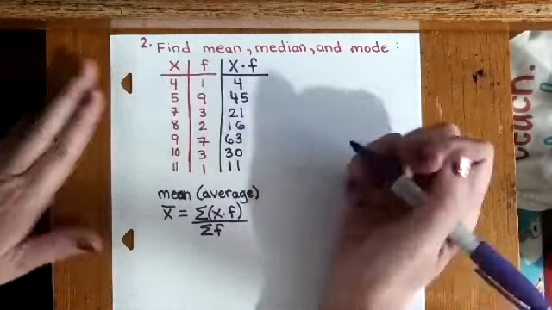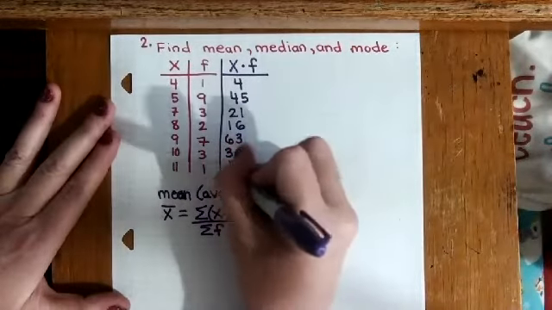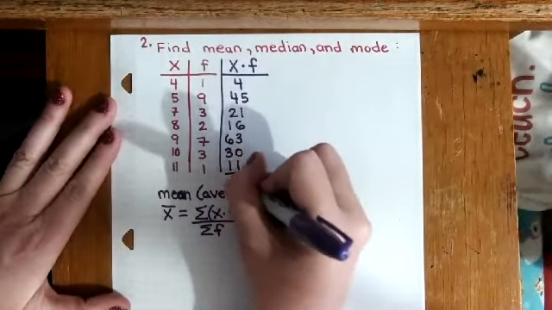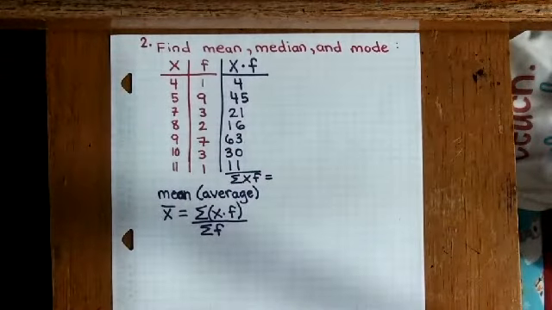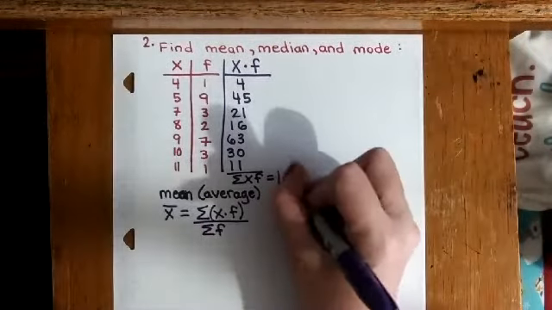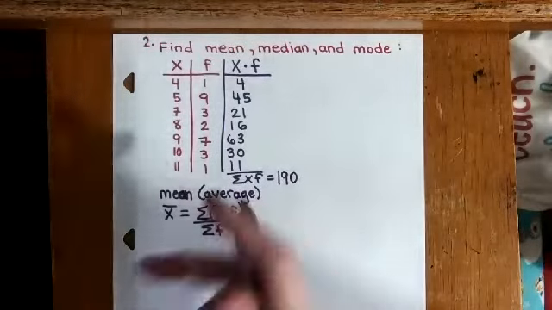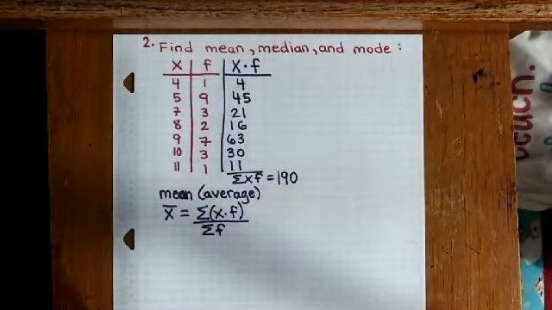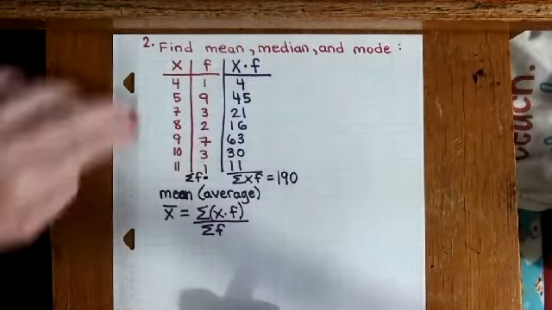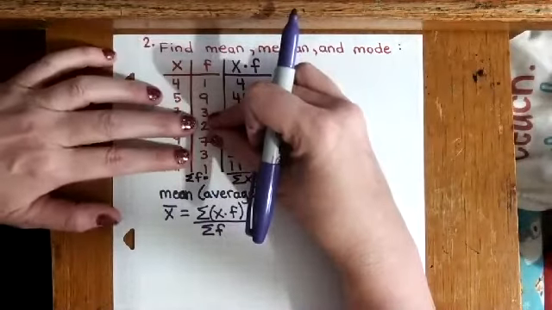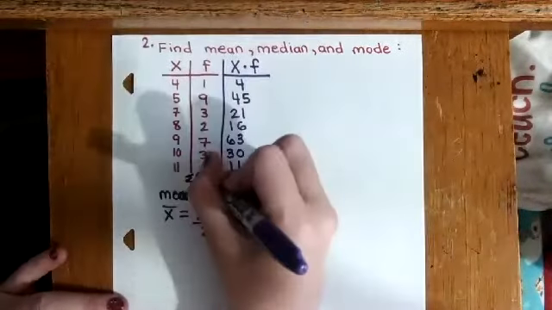Now, if we sum straight down the XF column, we get a total of 190. And if we add straight down the F column, we get 10, 20, 25, 26.